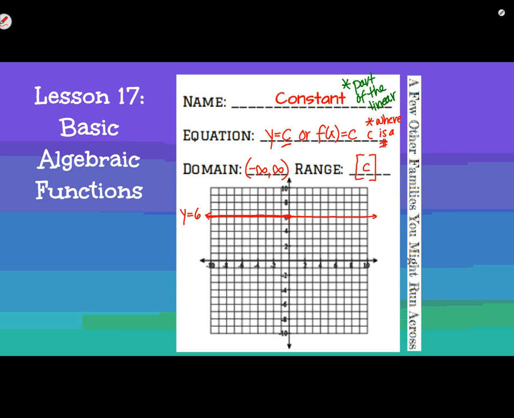So for this one, y equals 6, our range would be 6. It would be whatever that number is for the y equals. All right, so that is your constant family. And I don't like to use the one that goes through 0, 0, because then it looks like you've just drawn the x-axis in a bright color. I want it to stand out for you.